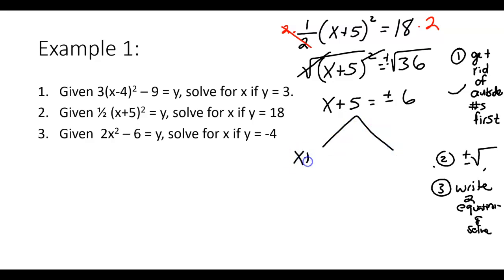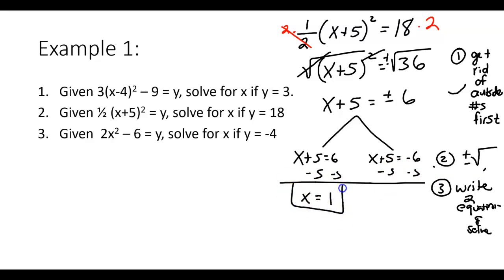Good. So we're going to have x plus 5 equals 6, and x plus 5 also equals a negative 6, and then we just solve both of those. So this one gives me 1. This one gives me a negative 11.